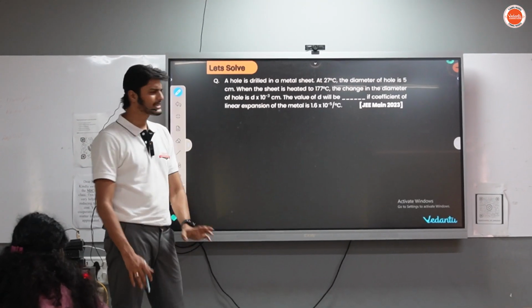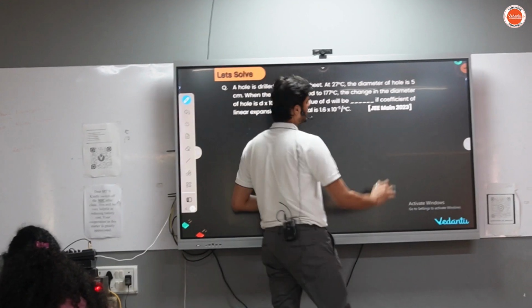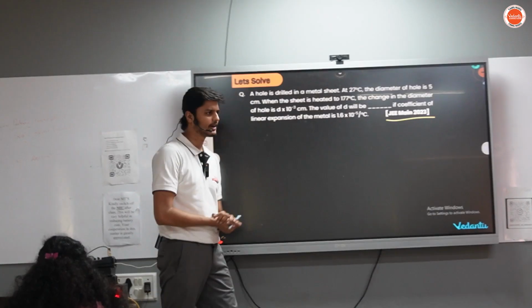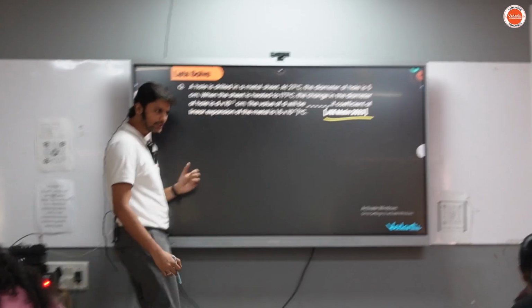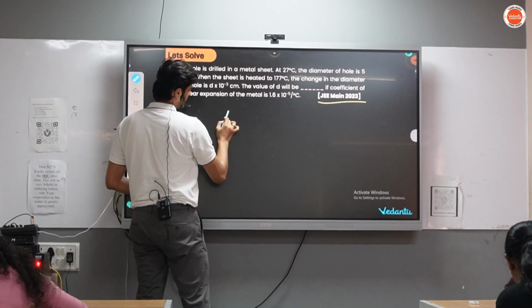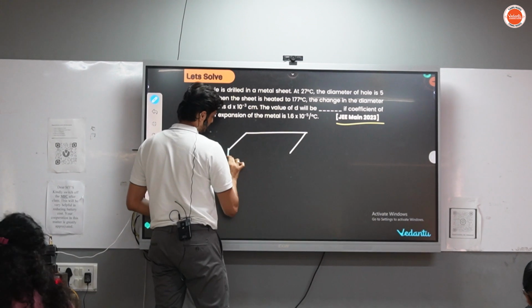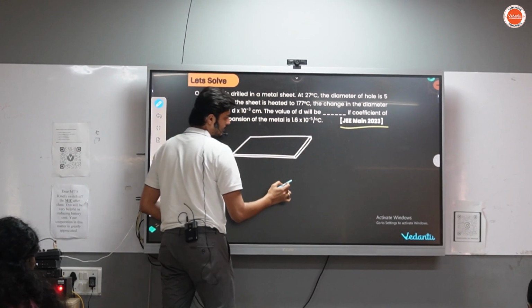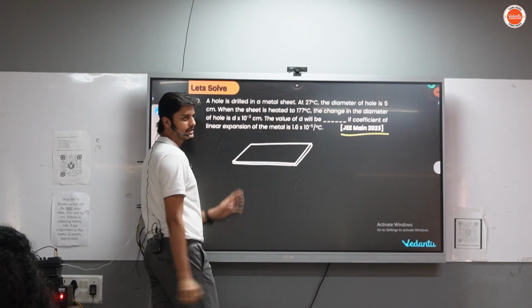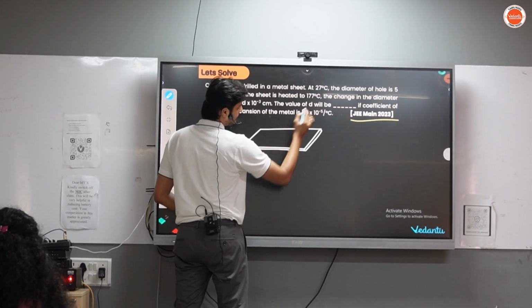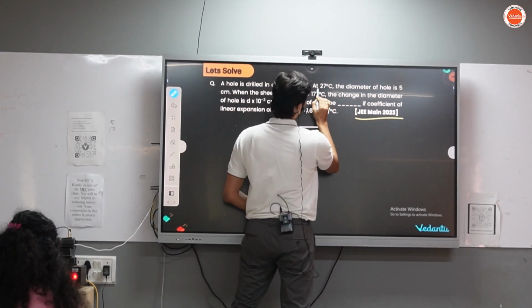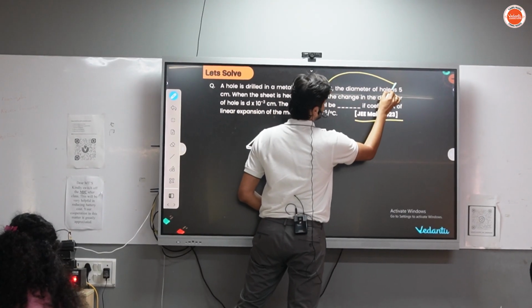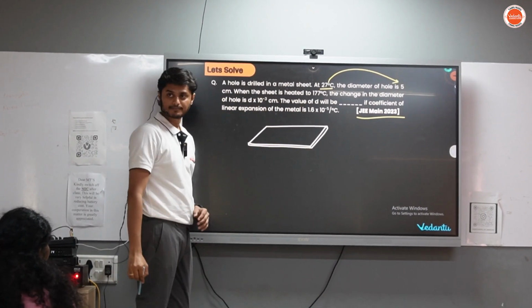Now a few simple questions that can come in Mains. JEE Mains 2023 asked this. A hole is drilled in a metal sheet. So there is a metal sheet, and in that a small hole is drilled. A sheet should be two dimensional, so ignore the thickness. At 27 degrees Celsius the diameter is given.